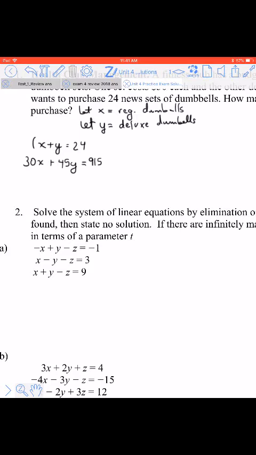If we multiply this top equation by negative 30, for example, then that becomes negative 30x minus 30y, and then 30 times 24 is 720, so that's negative 720.